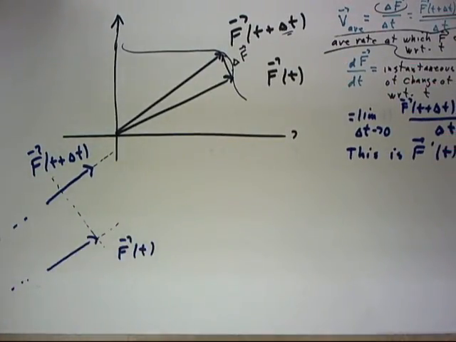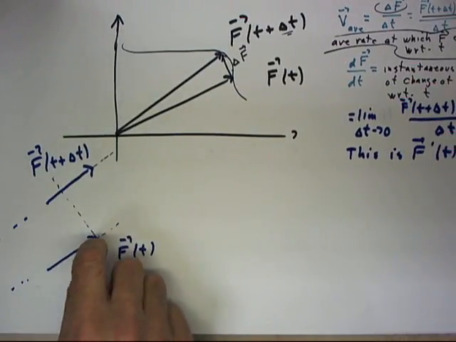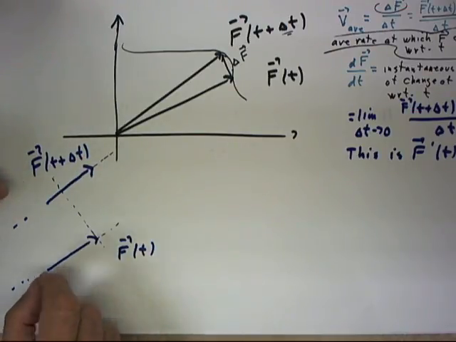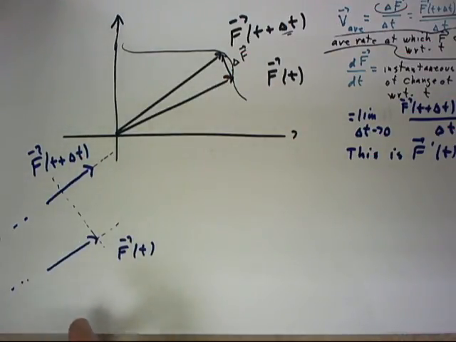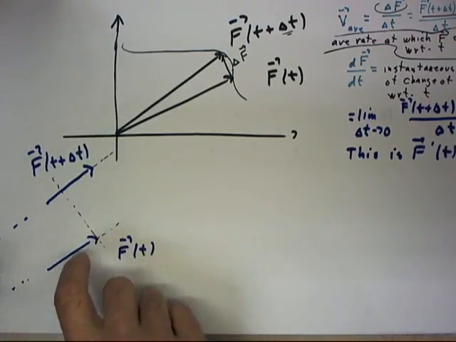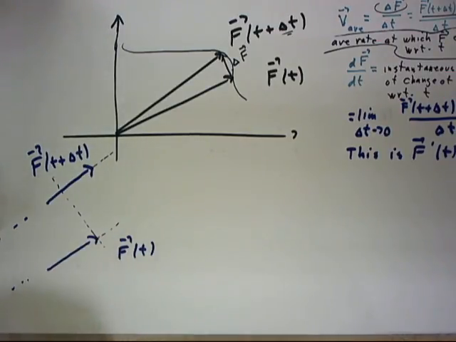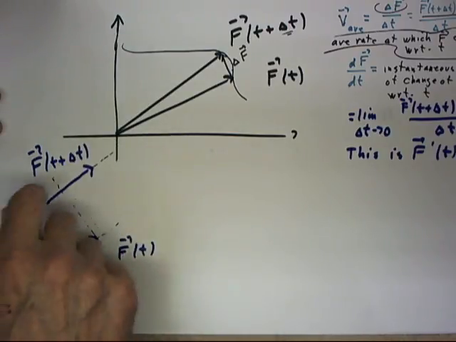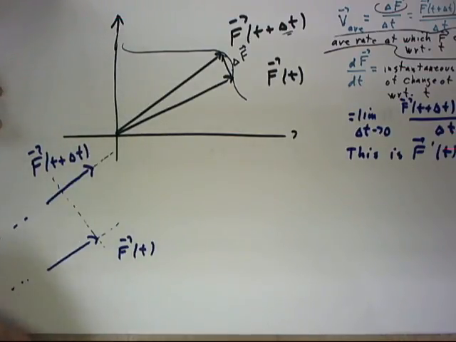If we take a closer look at what happens in the vicinity of this point, what I've done here is we just consider this to be the end of a vector that starts somewhere way back off the paper, and this is the end of the other vector, again, that starts way off the paper.